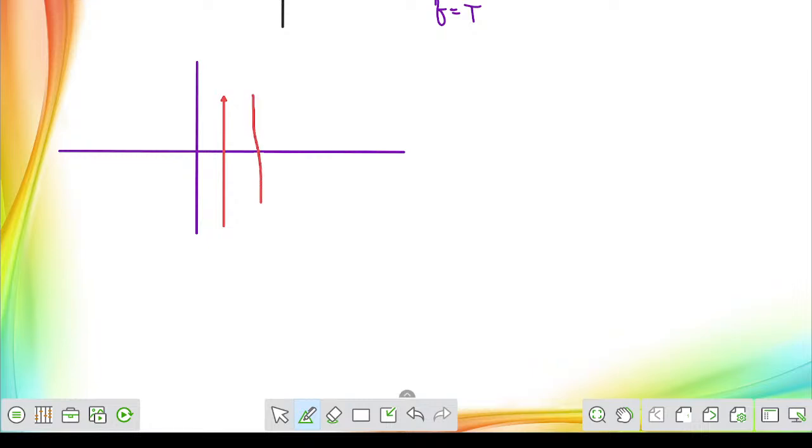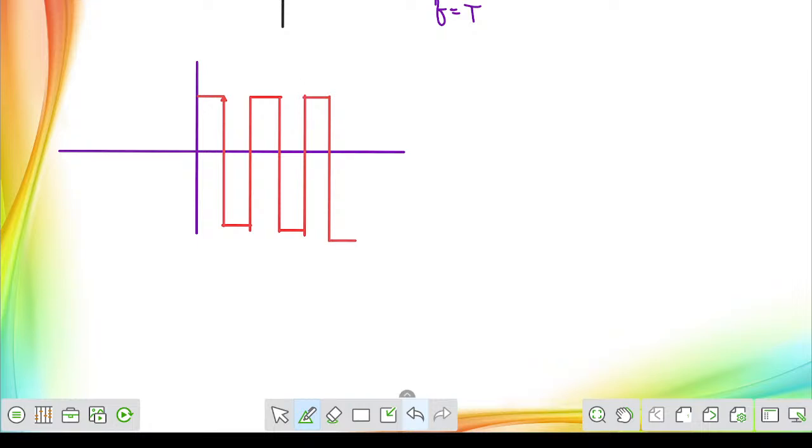Let us assume we are considering a rectangular function. So they have drawn the waveform like this. This is how the waveform is given.